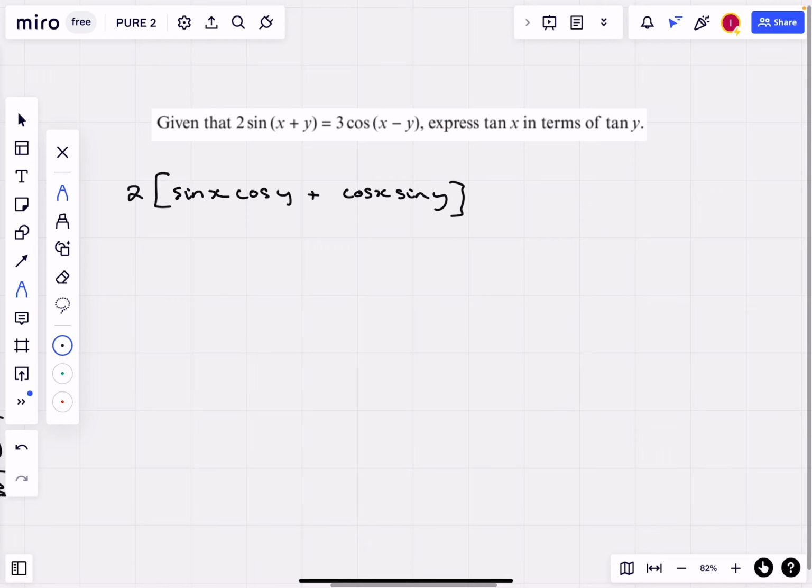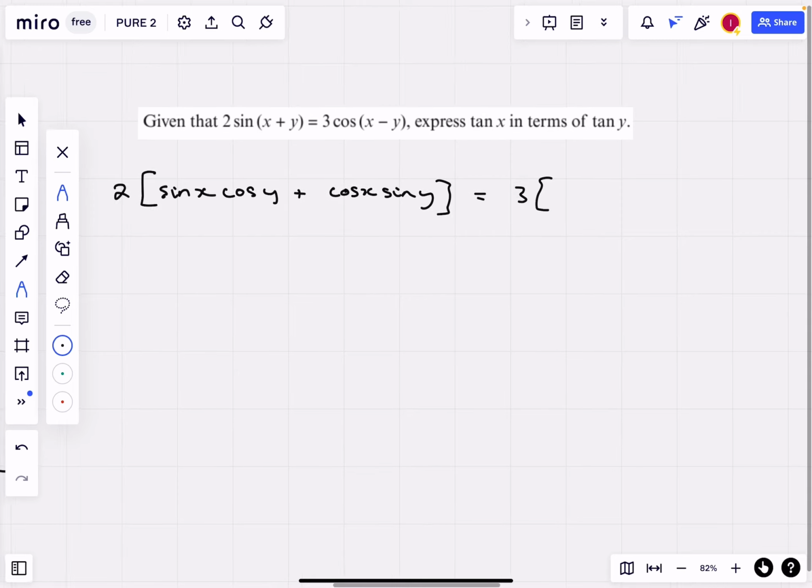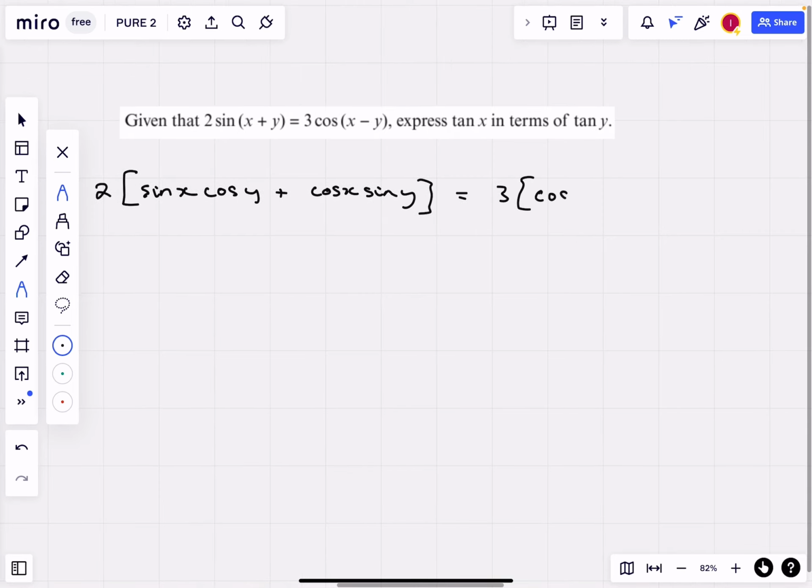Yeah? Equals 3, another square bracket, and now we're going to do the cos one. Cos x cos y. Inside the bracket is a negative, so outside the bracket is going to be positive. Sin x sin y. Now, expanding the 2 and the 3 gives this.